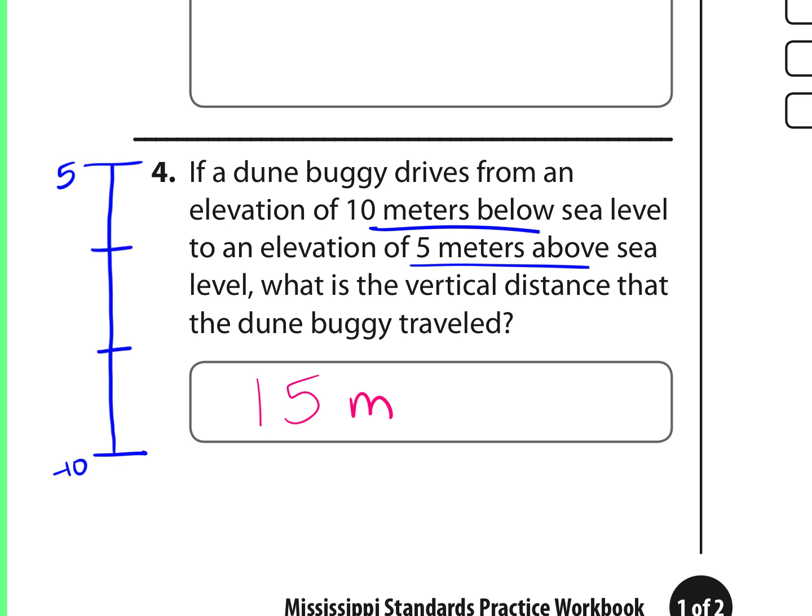So from -10 we keep going up to -5, to 0, to +5. That's a distance of 15 meters. You could think of it this way. You could say the absolute value of -10 plus the absolute value of 5 to get the distances, and 10 plus 5 is 15.